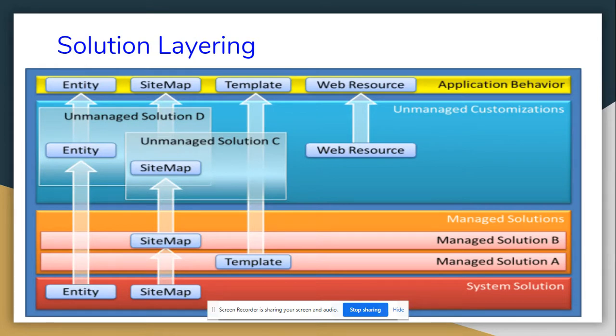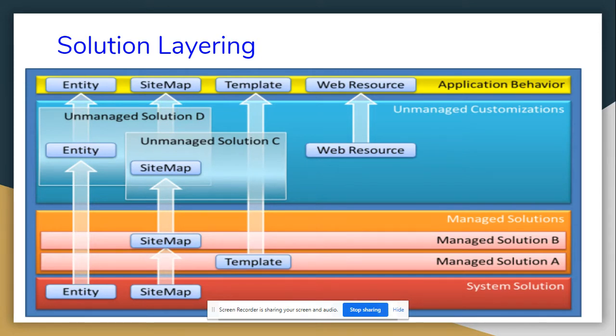So this is solution layering. Before doing any customizations, we should know one thing here: managed solutions and unmanaged solutions. And we do have some other solutions also, like system solutions, and unmanaged customizations.